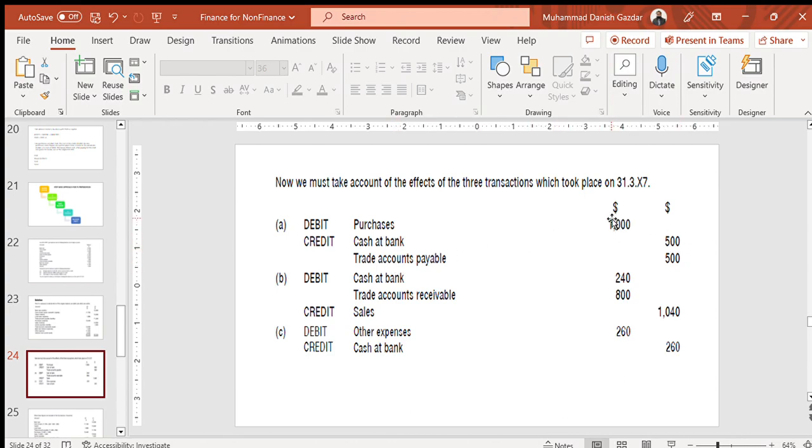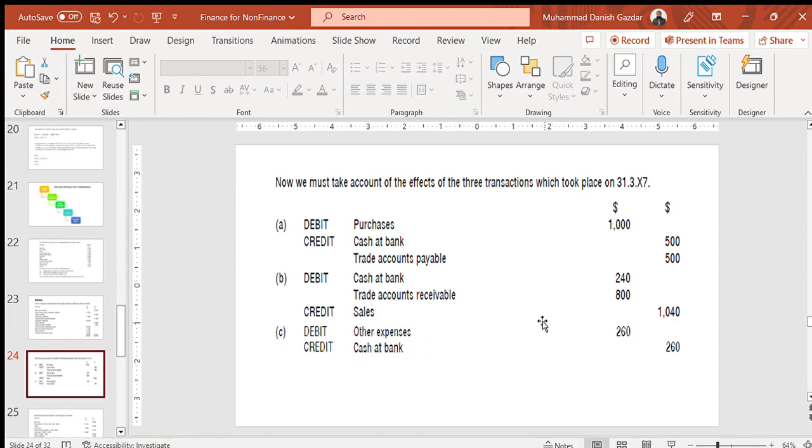As you can see, the debit and credits are matching. Then there is a second entry: cash debit, receivable debit, and sales credit. Here you have made sales of 1040, and you received 240 in cash and 800 as credit sales, so it is reflected in the receivable account. The last entry was quite straightforward. There were just some expenses, which means expenses are debit and cash was credit.